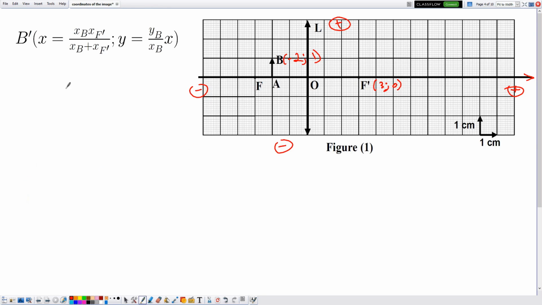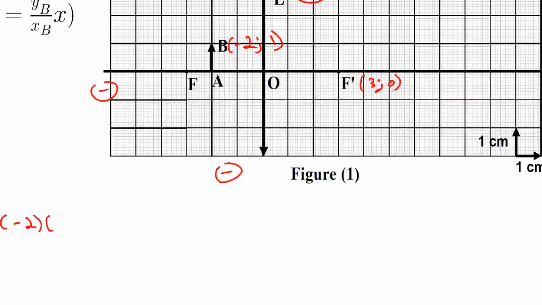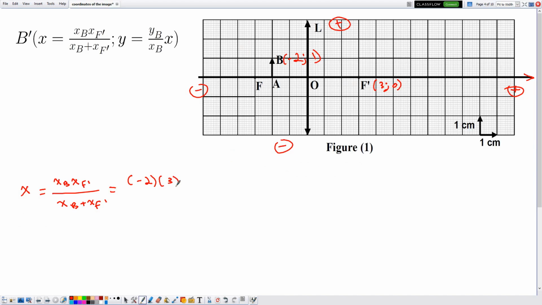Now we can calculate x and y, the coordinates of the point B'. So x is given by xB multiplied by xF' divided by xB plus xF'. So the value of xB is given by -2 multiplied by xF', which is 3, divided by -2 plus 3. This will give us -6 divided by 1, which is equal to -6. Now the value of y is given by yB divided by xB multiplied by x.